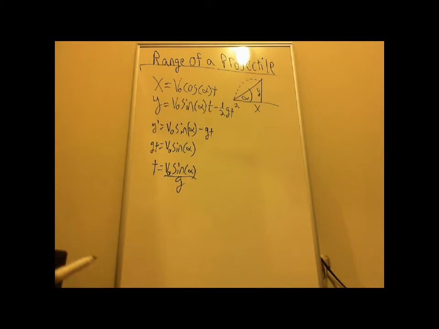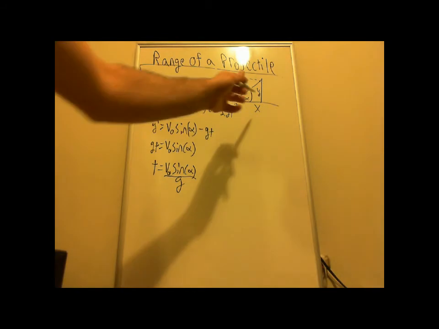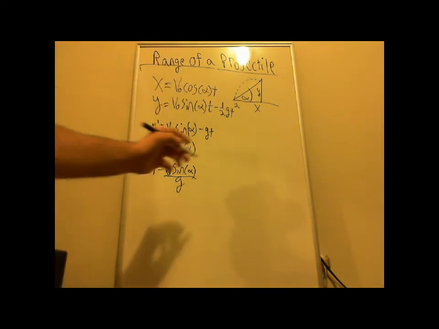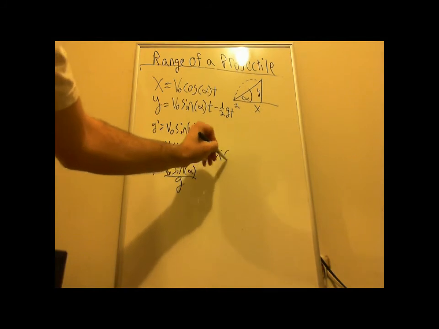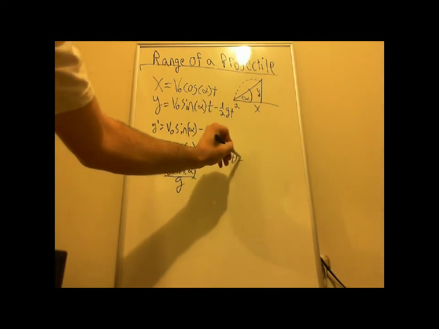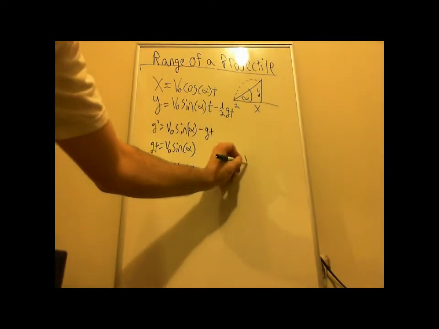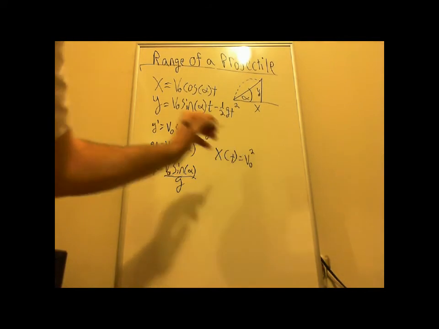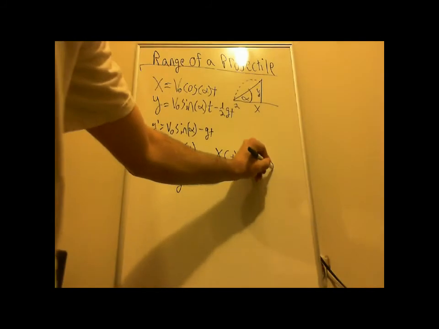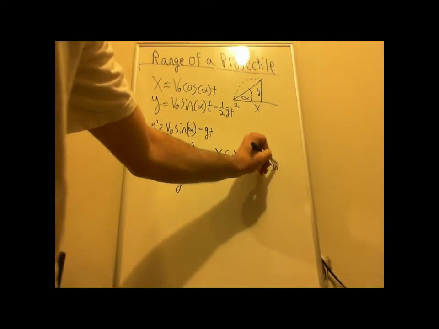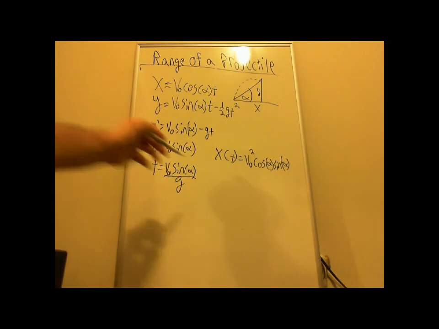And now if you want to find how far horizontally it has traveled, again, you can just take this time value and plug it into x. So if you want, you can do x of t is equal to v naught squared cosine of alpha times sine of alpha, and it's all going to be over g.